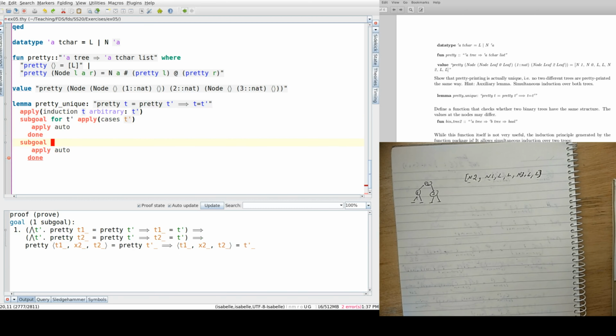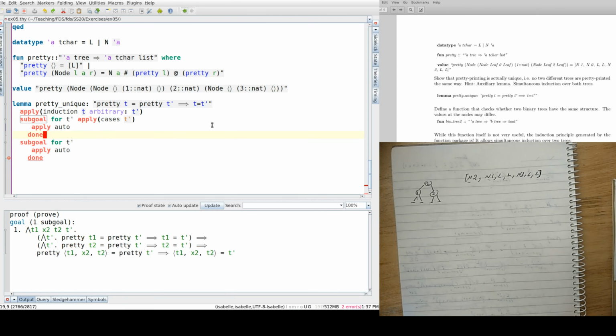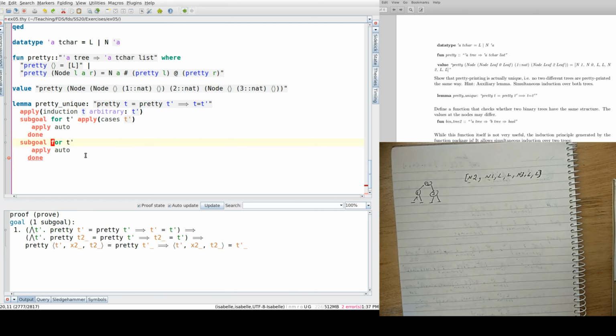Okay, the second subgoal we will need to have also for T prime, well, not only for T prime, but let's see what the variables are. T1, x, T2, and T prime. Okay. So now we have a better vision of what's going on.